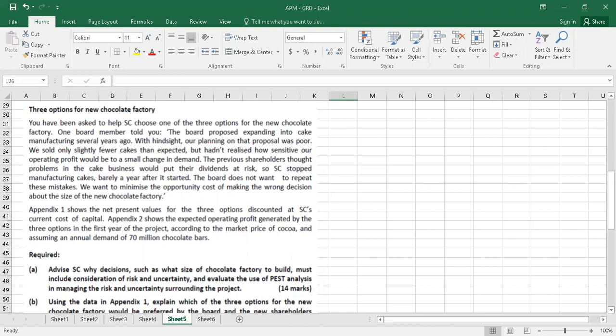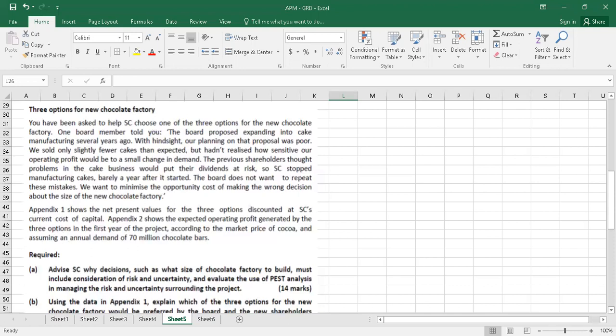One board member told you the board proposed expanding into cake manufacturing several years ago. With hindsight, our planning on that proposal was poor.